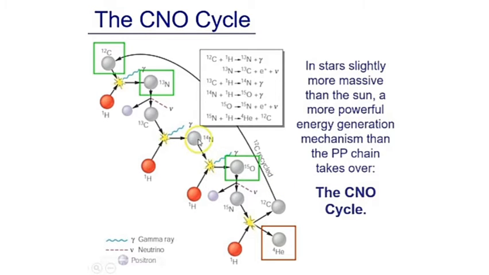That nitrogen 14 is bombarded by another hydrogen, which becomes oxygen 15, giving off a positron and a neutrino, which ends up becoming nitrogen 15. Bombarded again, this gives off carbon 12 and the helium.